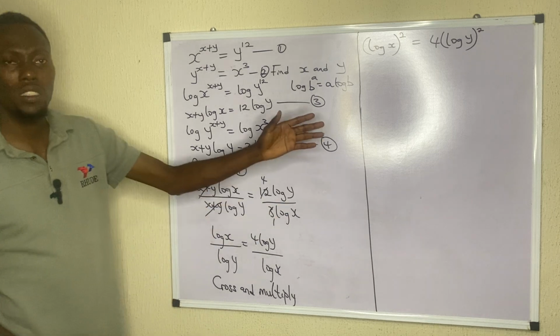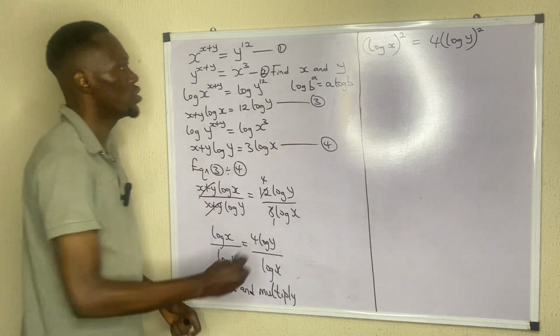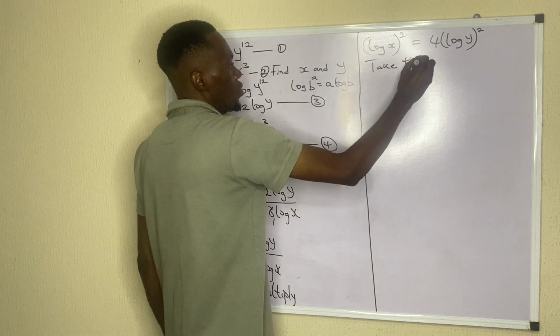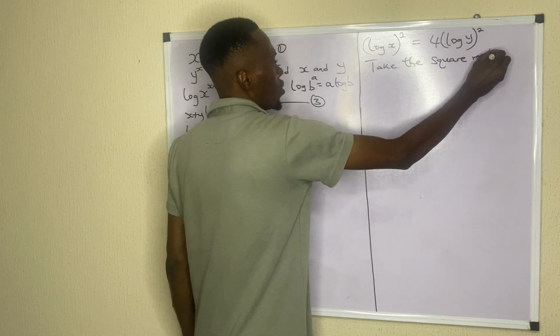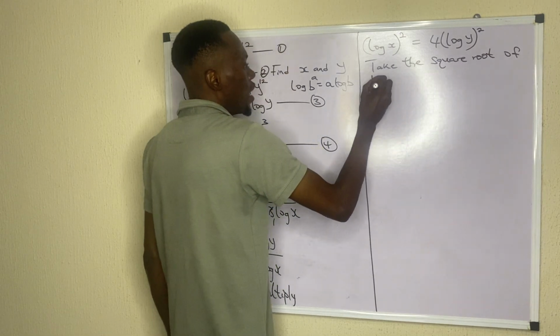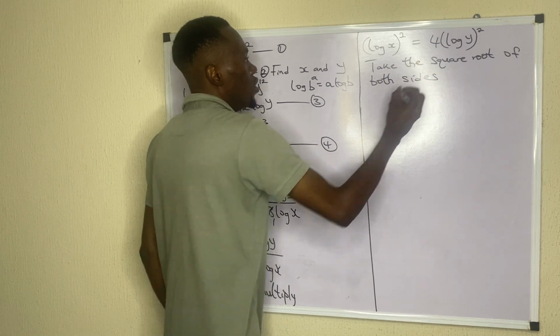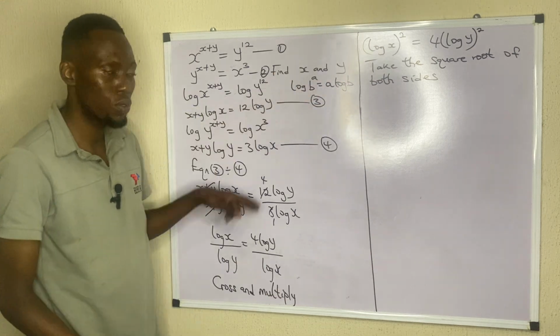Okay, from here I can take the square root of both sides. If I take the square root of log x all squared, the square will cancel the square, right?